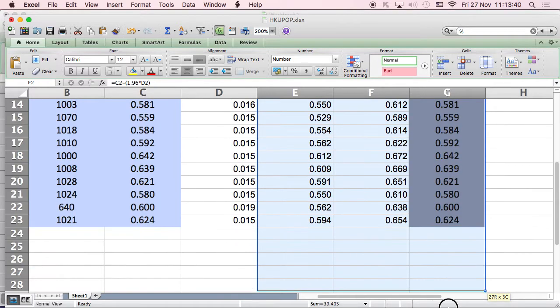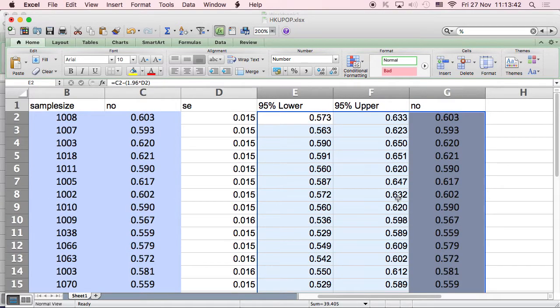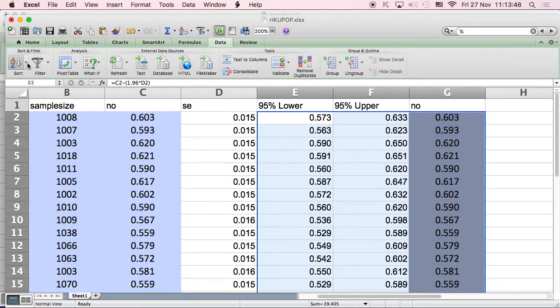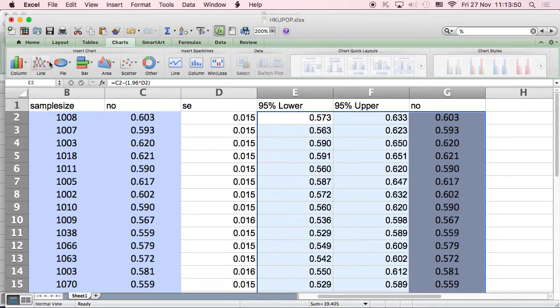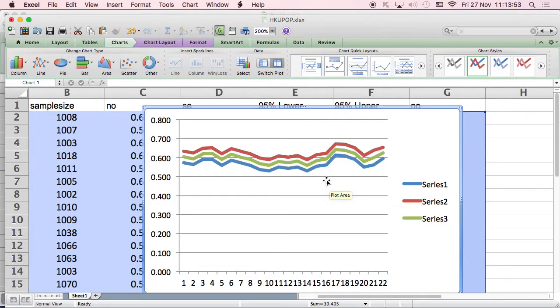Select the E2 up to G23, and then plot a line graph. Okay, it should be something like this. The green line is the P, and the blue line and the red line are the confidence intervals.